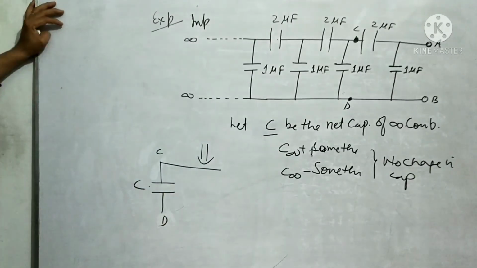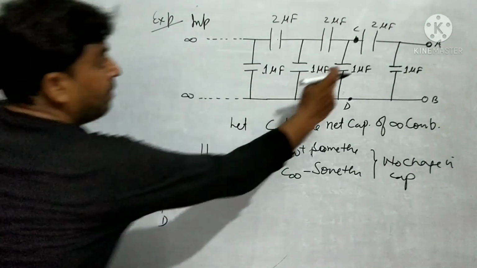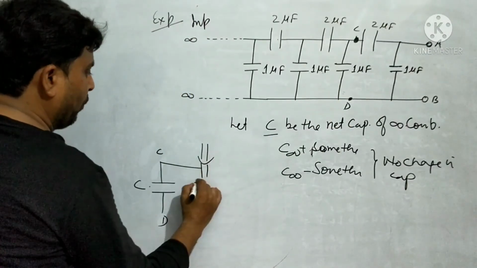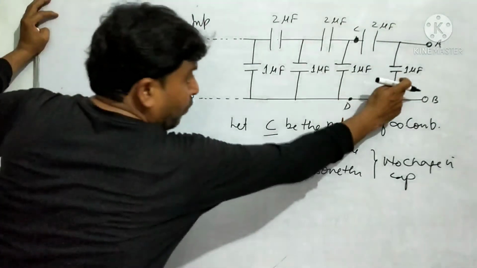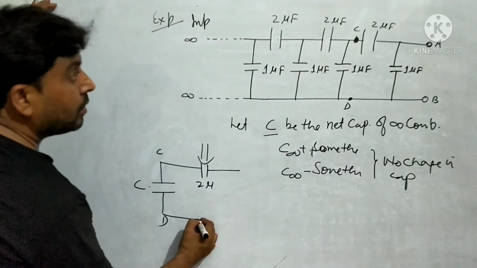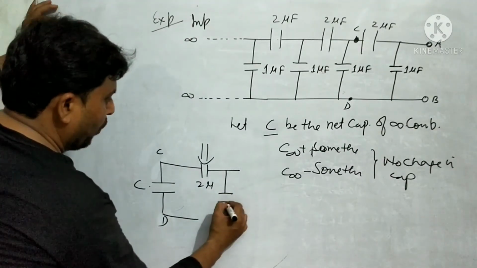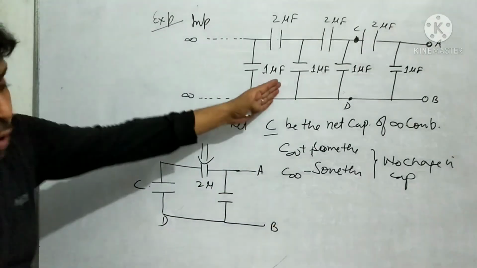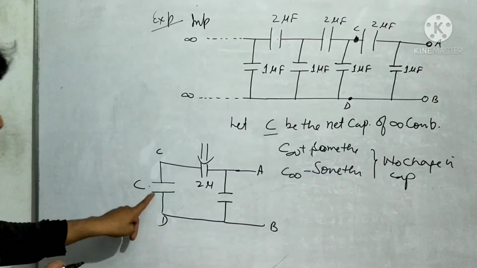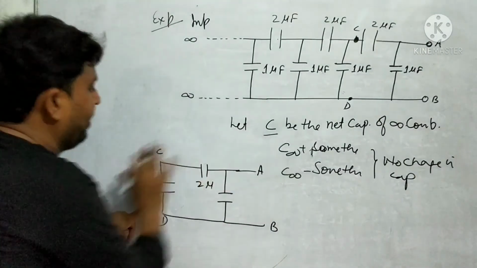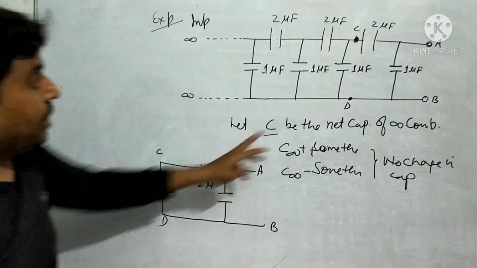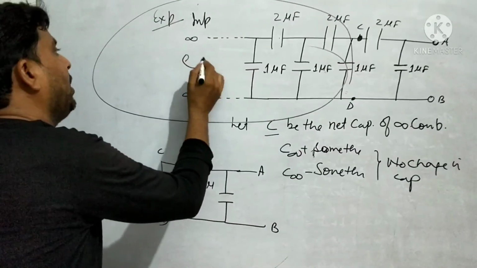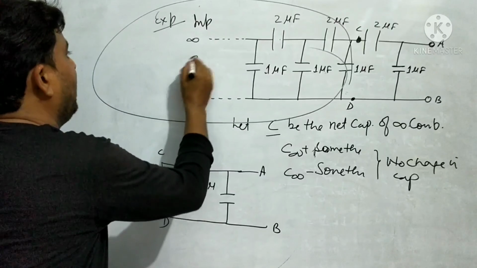So consider it as C. And then finally 2 microfarad last here, and then 1 microfarad last. One is also here, 1 microfarad is also last, and then A and B. So such a combination will be summarized this way. Leave it here, C, D. Till here, the net combination of the infinite circuit will be only C.